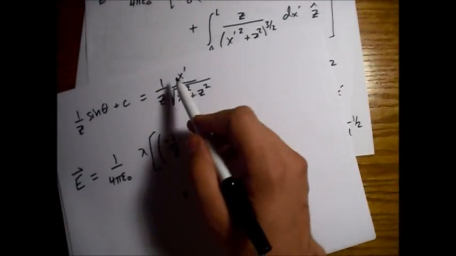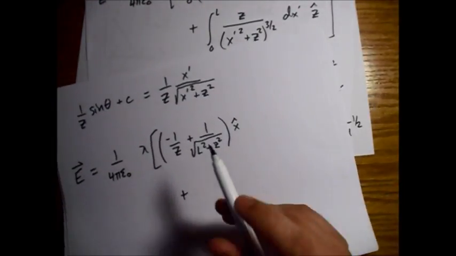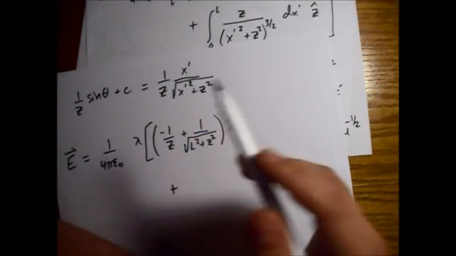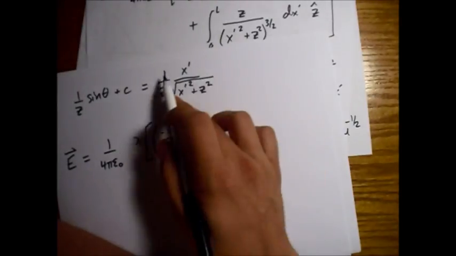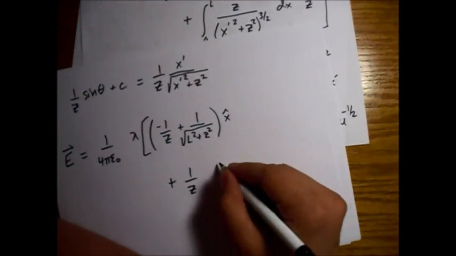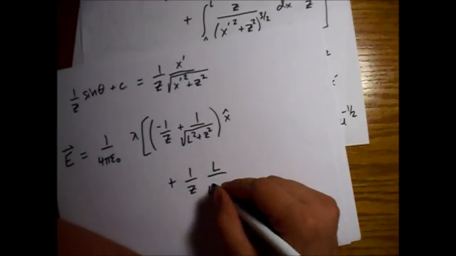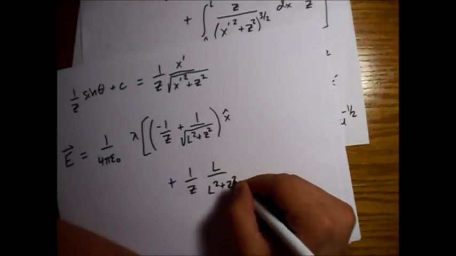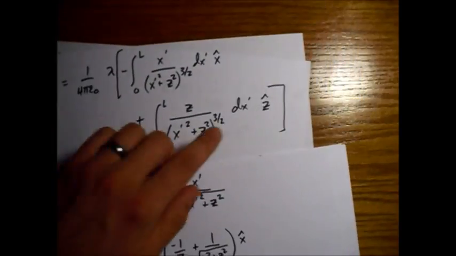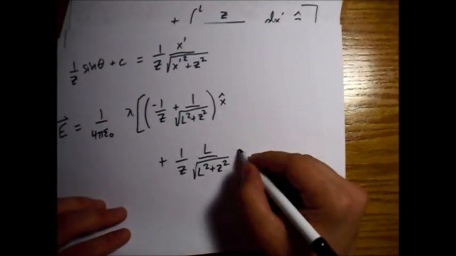Kind of skipping around a little bit. All right, and the L just plugs into the x. So when we put in a 0, this just goes to 0. So we can just plug this right in with an L, and we should be good. 1 over z, we have an L over L squared plus z squared. And this was our component in the z hat direction.